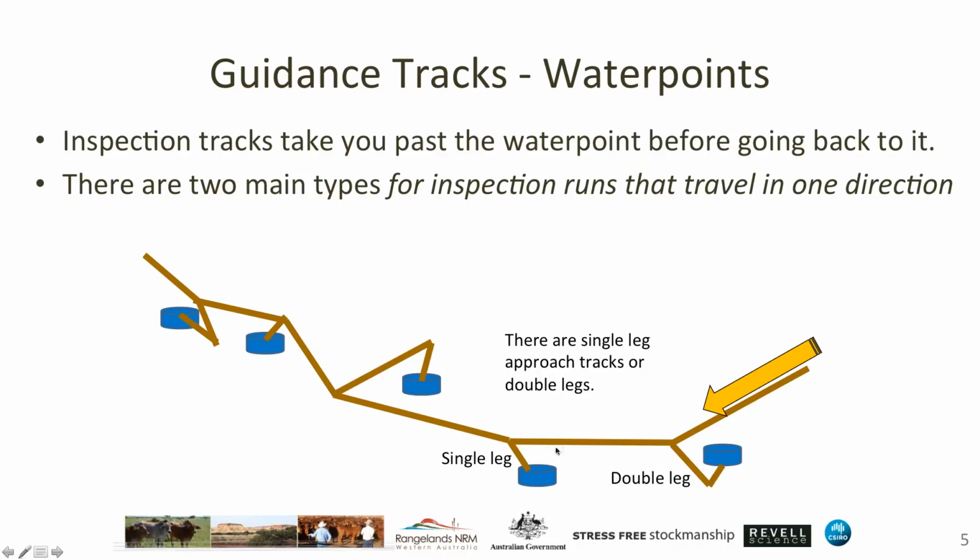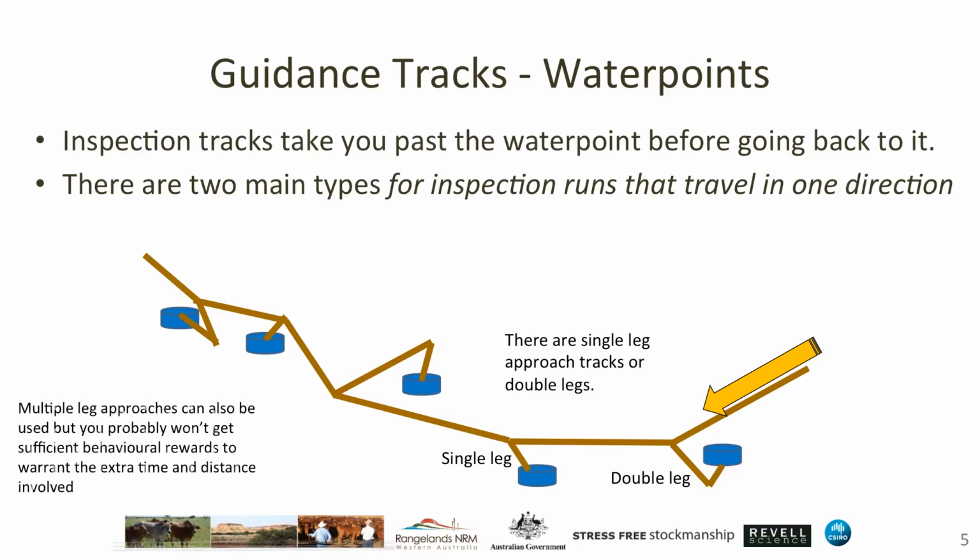In the second example, a single leg where the human passes the water point once before the approach into the water. Now you can imagine more complex designs with multiple legged approaches. That's all fine and may be beneficial for the animals, and we'll show you an example shortly where that may be the case, but generally a single or double leg approach will be sufficient for you to get the sort of responses that will make it worthwhile.